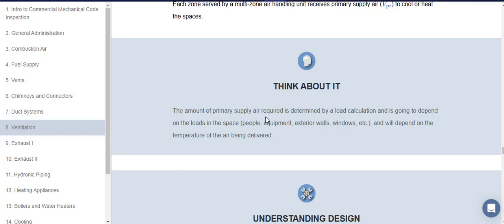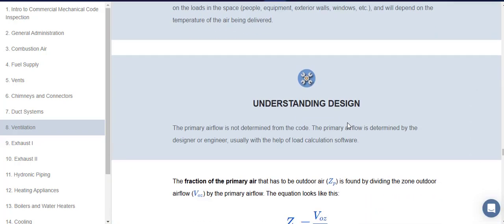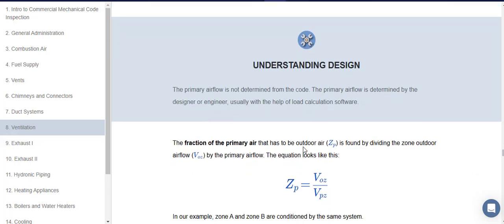The amount of primary supply air required is determined by load calculation and depends on the load in the space: people, equipment, exterior walls, windows, etc., and on the temperature of the air being delivered. The primary airflow is not determined from the code.